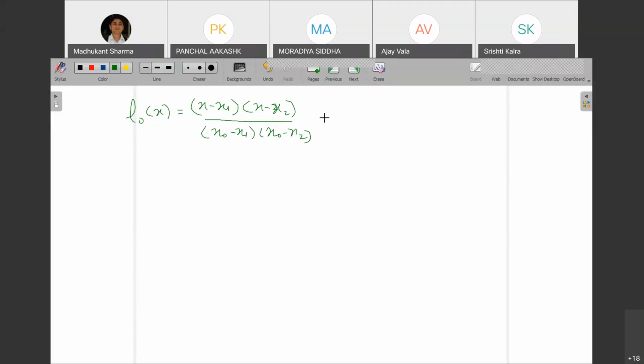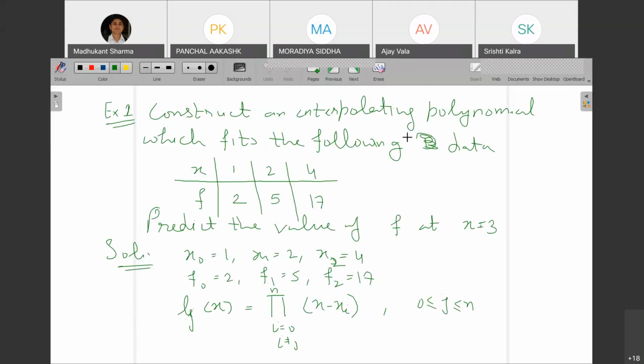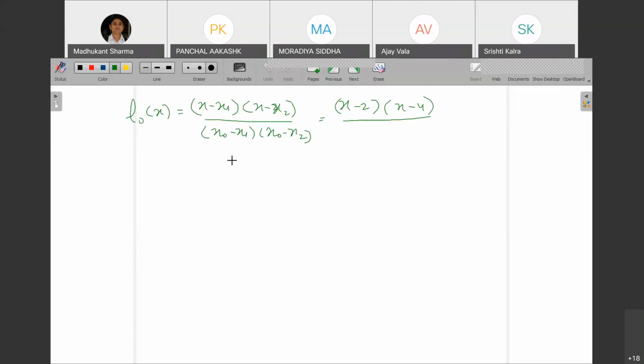Now you compute the values. x1 was 2 and x2 was 4, so x minus 2 times x minus 4, divided by x naught, which was 1, so 1 minus 2 times 1 minus 4. The denominator is minus 1 into minus 3, which is 3. So L0 of x is 1 by 3 times x minus 2 times x minus 4.